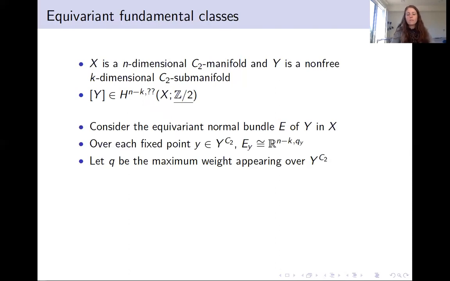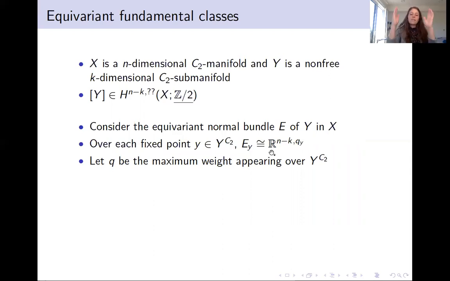We do that as follows. We consider the equivariant normal bundle of Y in X, denoted E. Over each fixed point of Y, the fiber over that point will be some C2 representation.